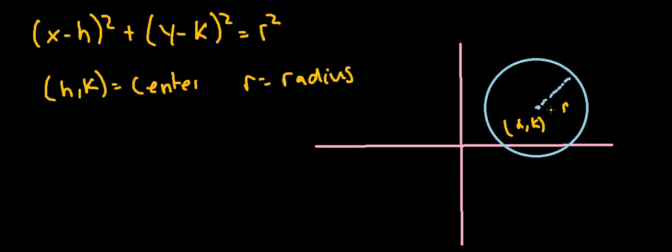So what we can do is use the distance formula, because we're looking for points that would give us a distance of r. That's exactly what this equation is saying. So let's say I want to find the distance between here and some arbitrary point (x, y). And the radius, remember, is the same all the way around the circle, so the distance is going to be exactly the same.